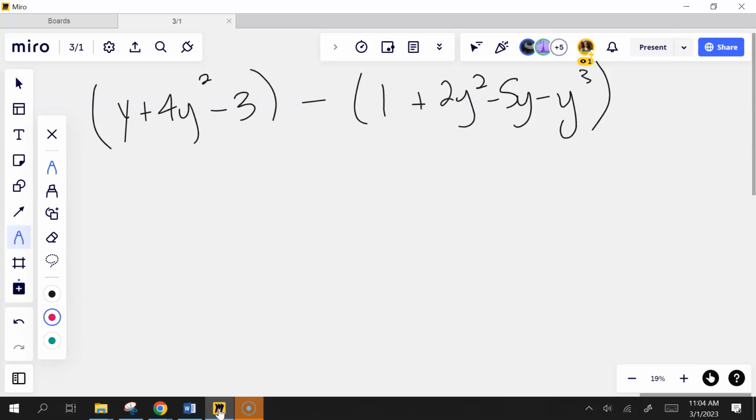If you're a same, change kind of person, then you want to same, change everything in the parentheses that follows the subtraction sign, because this is saying that you're subtracting everything in here, not just the first term. So I might do something like this. Try on your paper. All right, I've got an exponent of 3 in here, so I'm going to start with that one. There's only one, so I get y to the third. How about powers of 2?